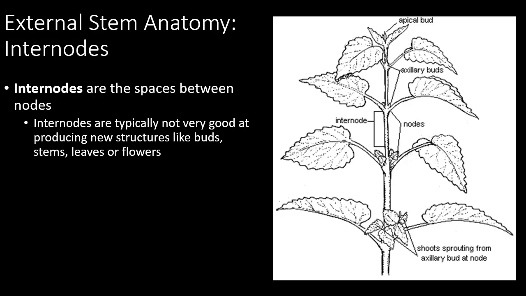You can imagine that if all the nodes were packed together very, very tightly, there wouldn't be enough space between the leaves for them to really get enough light. The leaves would self-shade a lot, and a plant does not want to be self-shading. So part of the reason plants have elongated internodes is to space out their leaves so that the plant doesn't shade itself. That way, it's getting optimal light exposure on each leaf.